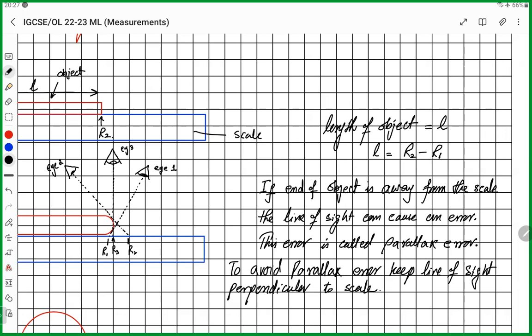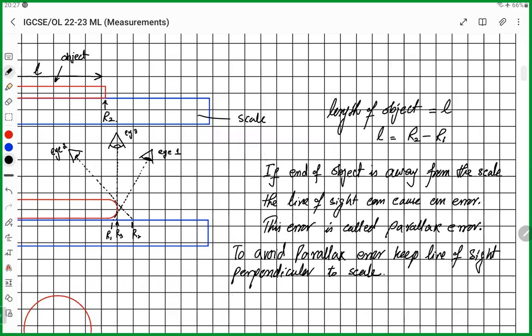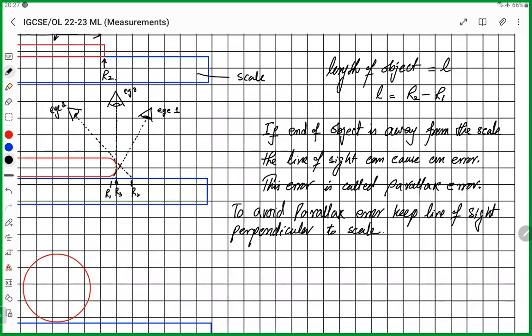This one line, this one phrase is going to save you 1 mark in exam. This can appear in theory paper, or if it does not appear in theory paper, it definitely appears in MCQs. And if it does not appear in these two papers, then it is for sure appearing in your ATP paper, alternative to practical, where you have to explain the line of sight has to be perpendicular to scale to measure something.